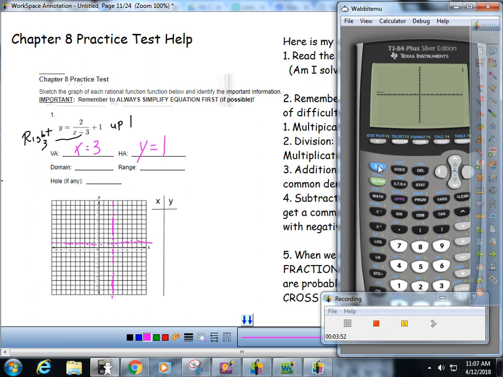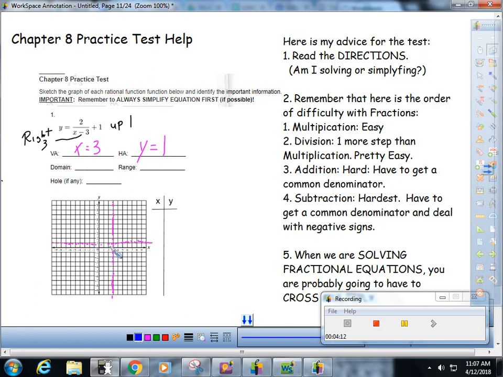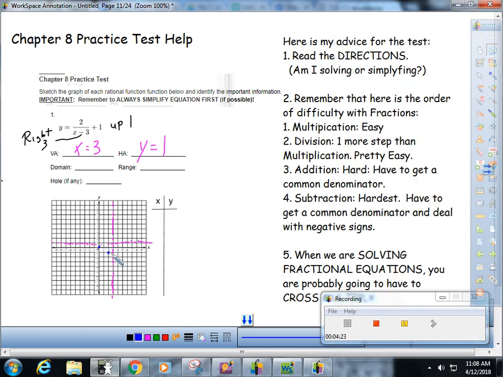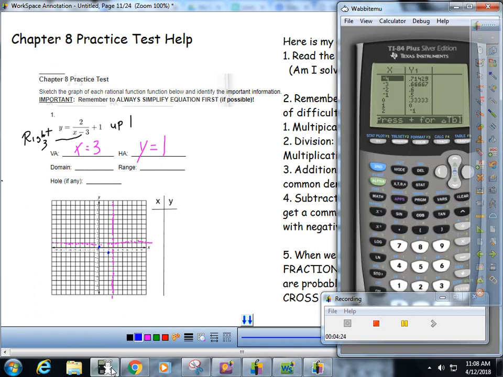Okay, so I just got to now hit my table up and graph a couple points. 0, comma 1/3. 2, comma negative 1. Let me scroll down and get a couple more.